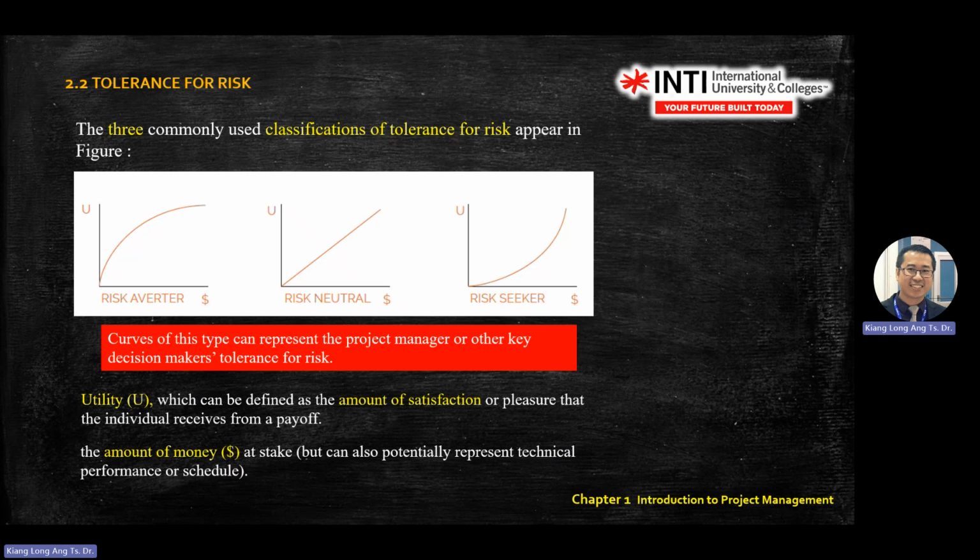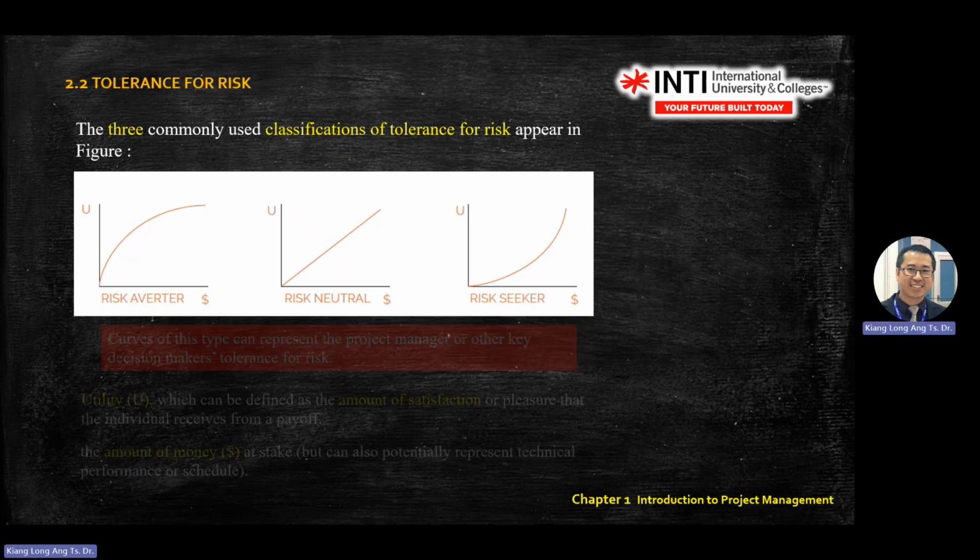This one, the risk averter, is very conservative. I have one machine. I tell the customers I can only provide a certain amount. I cannot promise 100% of 100% capacity. This is the averter.